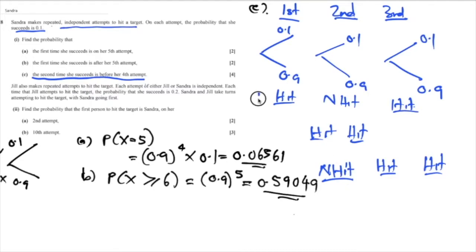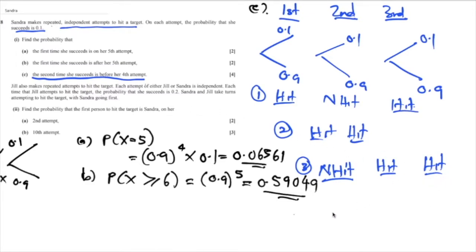So the first possibility is hit, no hit, hit. The second possibility is hit, and then on the second attempt she hits, so she stops. That's it, because the question says only the second time she succeeds. The third possibility is no hit first, then she hits on the second attempt, and the third attempt is the second time she succeeds.